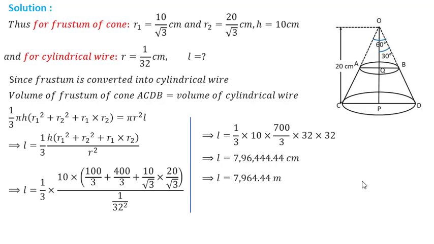That gives me 7964.44 meter. So hence I will say that length of wire is 7964.44 meter. So this is how we have calculated length.